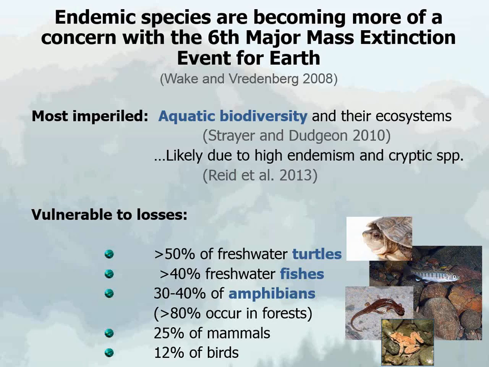At the bottom of the slide, you can see some numbers of the types of different taxonomic groups and the perception of how vulnerable they are to losses right now, with freshwater turtles being the most vulnerable to losses, followed by freshwater fish, then amphibians, which also are tied to freshwater, and then the bottom of the list there, mammals and birds.